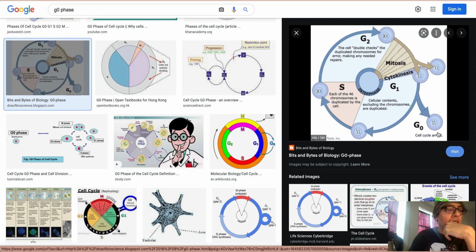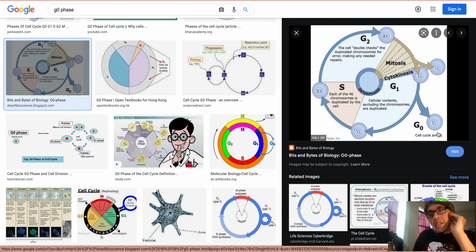Otherwise, they go into the G0 phase, which is called a resting phase. The cell cycle stops. When the cell is in the G0 phase, it can be termed most commonly quiescent, meaning it's not doing anything except its normal cellular operation. The whole point of the cell is not to divide necessarily.